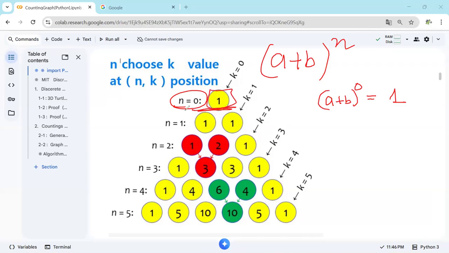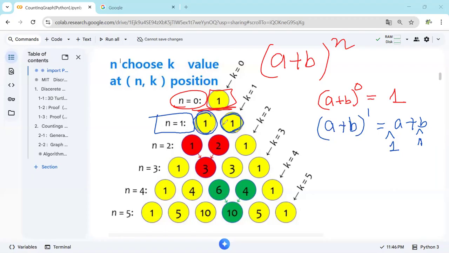But how about n is 1? (a plus b) to the 1 is just a plus b. Then just consider the coefficients for a and b, okay? The coefficient is 1, and this coefficient is 1 also.